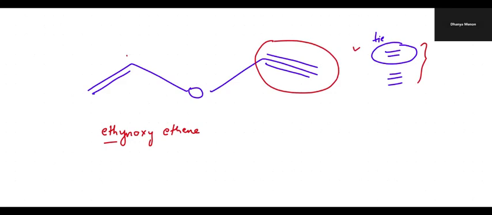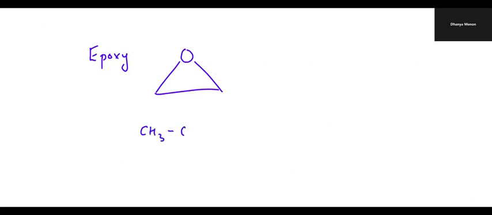Now, apart from this, there's a little more information. I just wanted to tell you something about epoxy. Whenever you come across a structure like this, it is called epoxy. For example, if you come across a structure like this, CH3, CH2, C, CH3. So this is 1, 2, 3, 4, 1, 2, 3, 4. Okay.